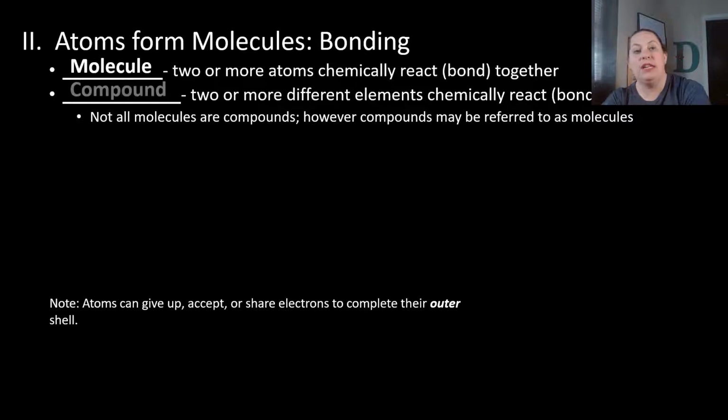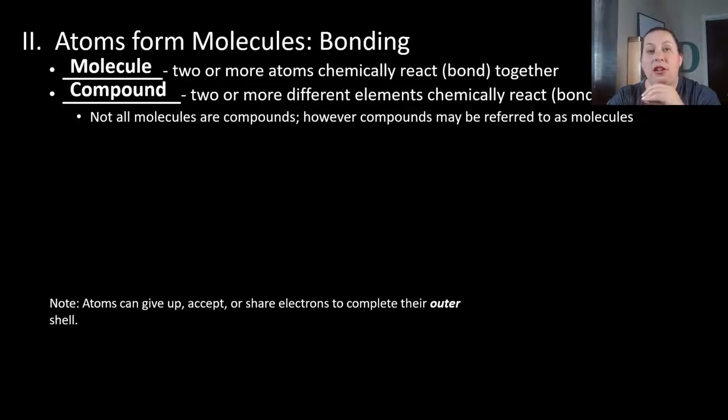However, another term we need to know is compound. A compound is when two or more different elements chemically bond together. So there is a difference. Not all molecules are compounds, but all compounds are molecules. It's kind of like the definition of a rectangle and a square.